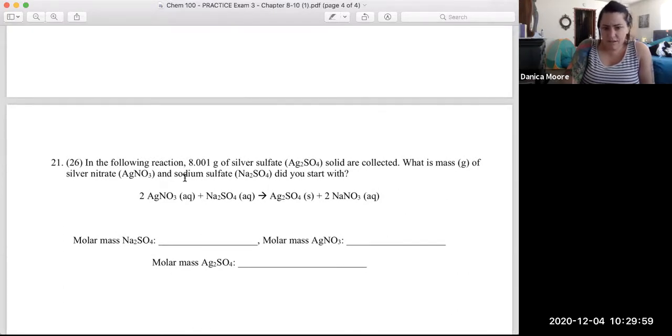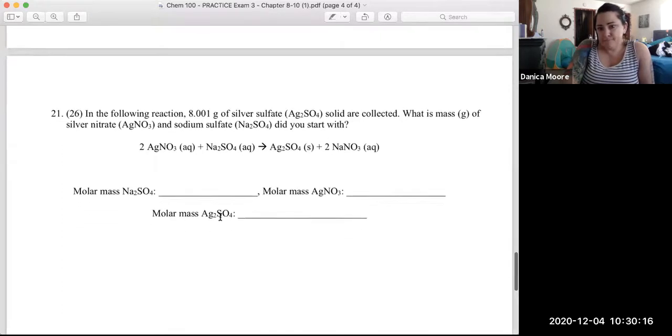This is also a general stoichiometry problem, but it's going backwards. You're given the amount of product and you're asked to find the amount of reactants, right? I think there was something like this on the quiz as well.